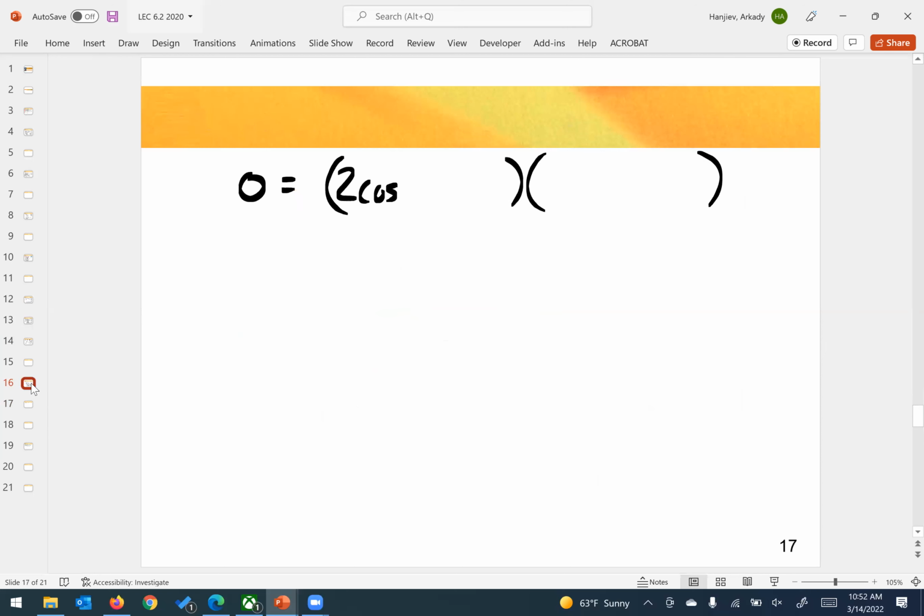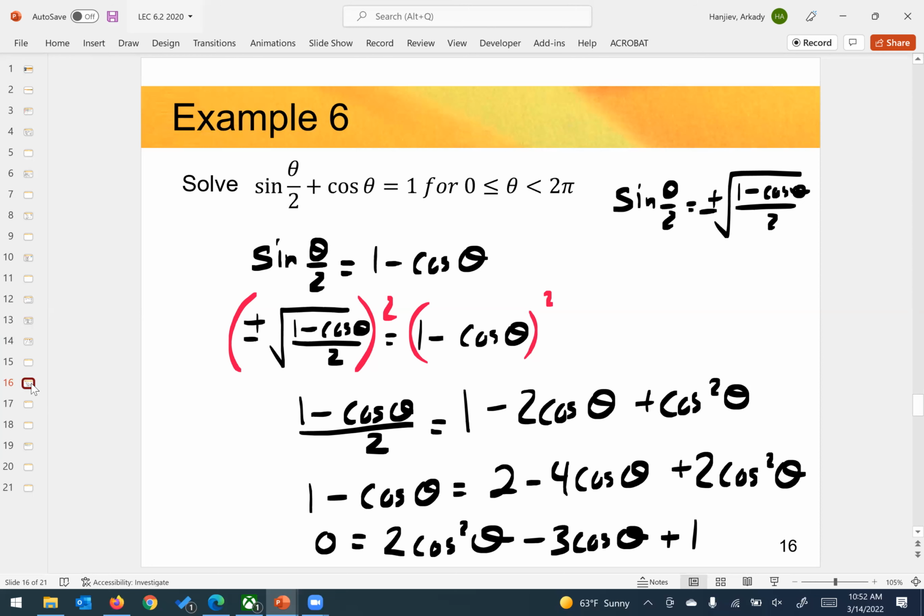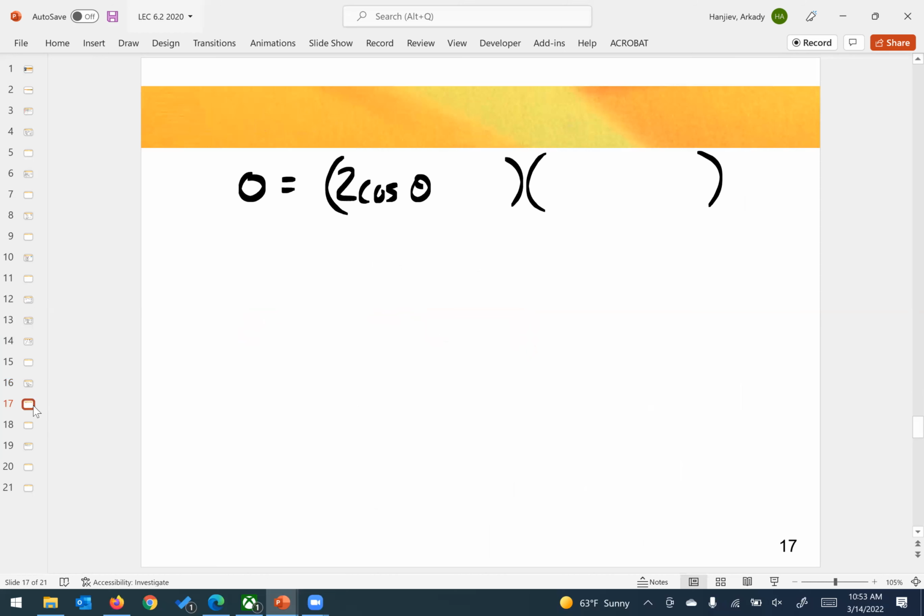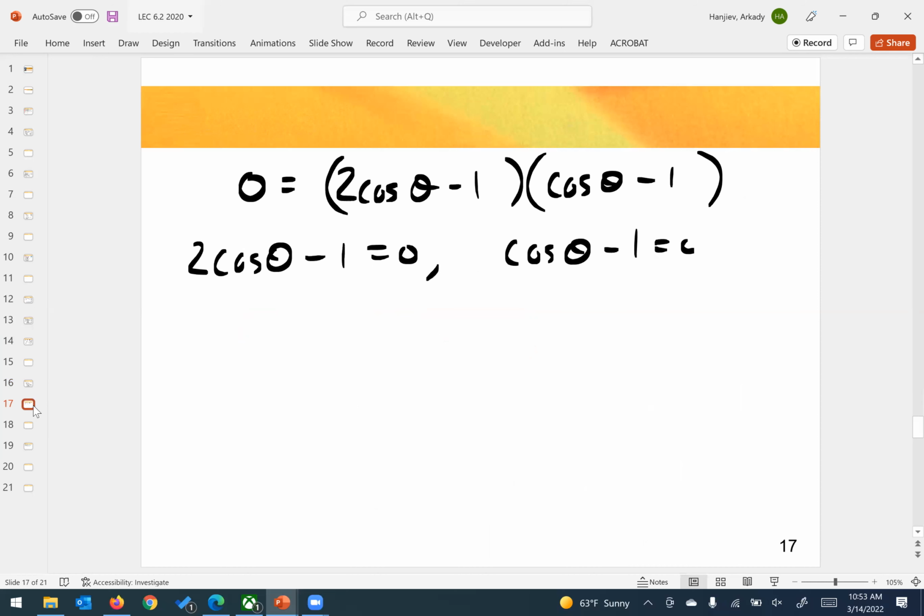Theta. Sorry, going back a little bit because I don't have the answers here. So this is minus 1, minus 1. Is that right? Cosine equal to 1/2.